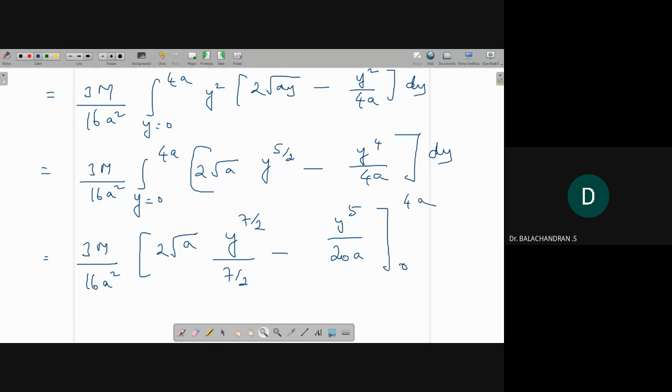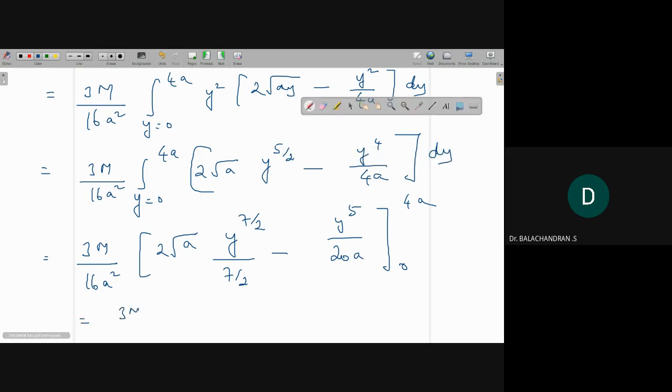Substitute the limits. 3m by 16a square, so 2 into 2, 4 by 7, 4 by 7 root a. This is 4a power 7 by 2.